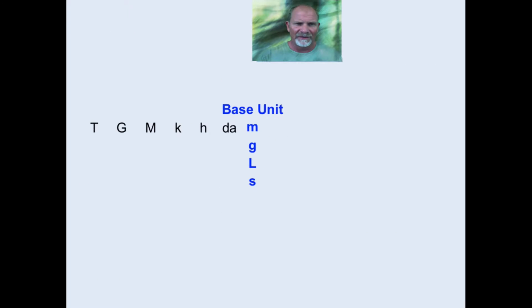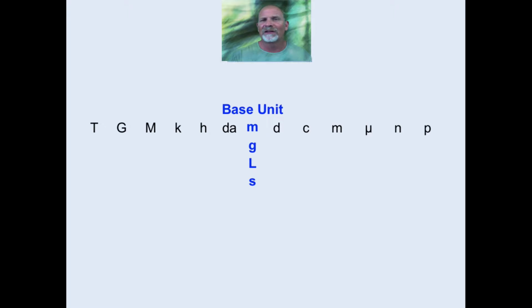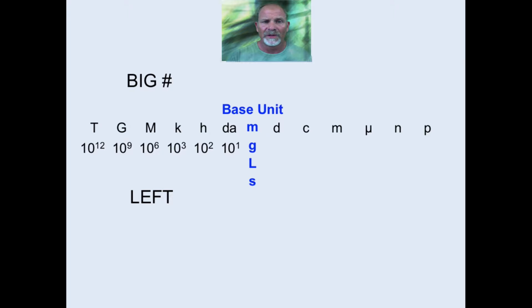So let's take a different look at this. If we were to lay this out linear, we would see to the left are very large numbers, and to the right we have very small numbers. So in this situation we have deca, which is a 10, hecto is 100, kilo is 1,000. Then we have millionth, billionth, trillionth. The little numbers are to your right.